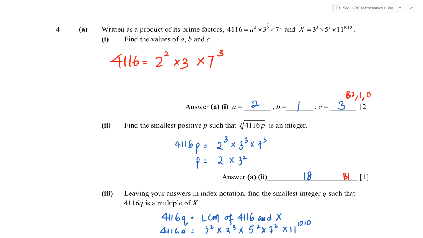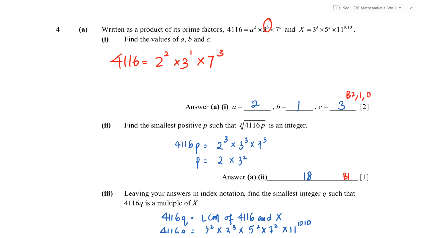But what about this value of B? Is it a 0? Is it 3 to the power of 0? No, what is it? 3 power 1. This over here is power 1. It's just that we don't write down power 1. So the answer is 2, 1, 3.